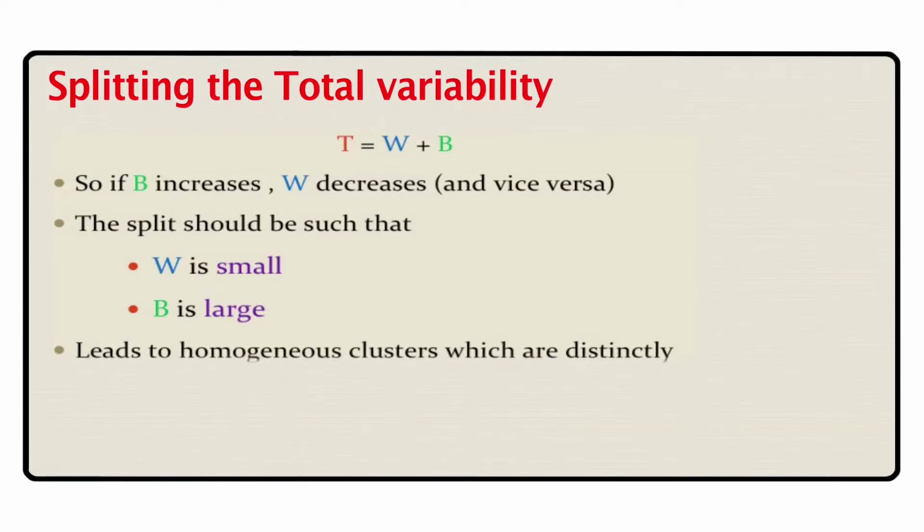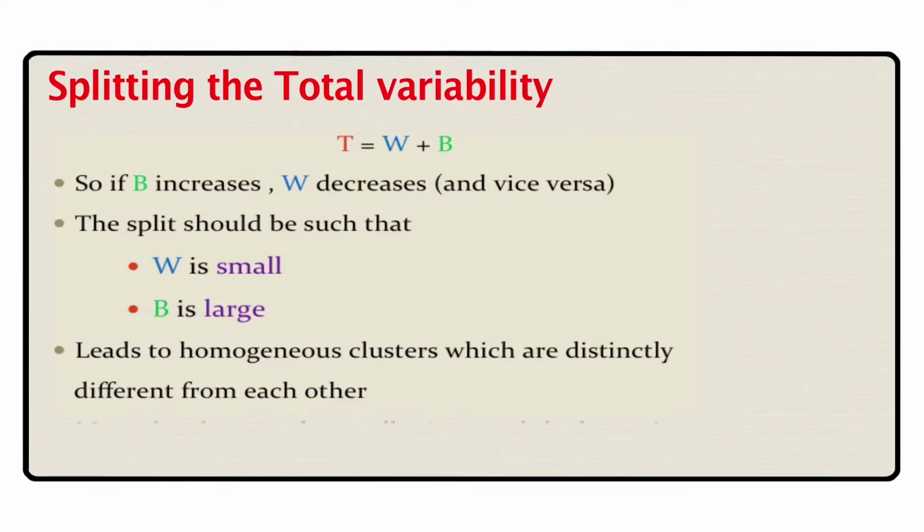There is not much difference between the members within the cluster. Whereas the second, B is large, means that the clusters are distinct from each other. So they are very much different from each other.